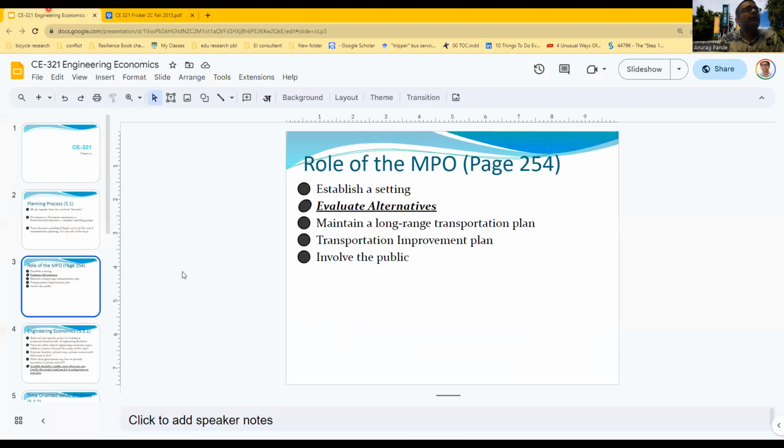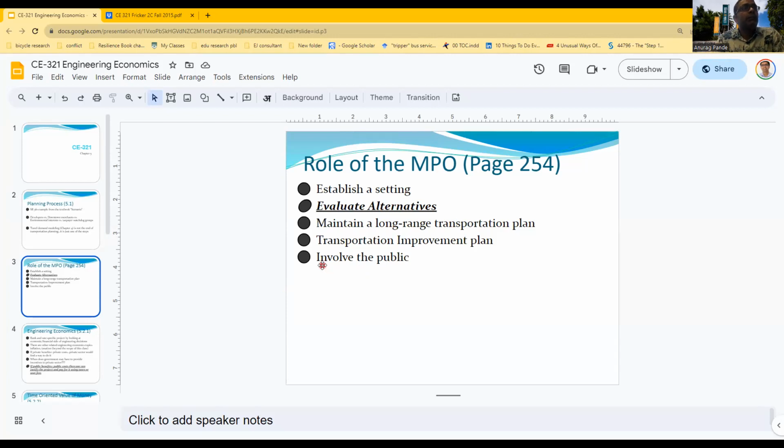So what is their role in the transportation planning process? They establish a setting; they determine what's going to be the context of the problem. They are the ones that evaluate alternatives. And this is what I've underlined because that's what we're going to focus on. They maintain a long-range transportation plan and a transportation improvement plan that's for the short and medium term. And it's very important now because the federal government, through its grant funding abilities, attaches strings to the funding that the MPOs get.